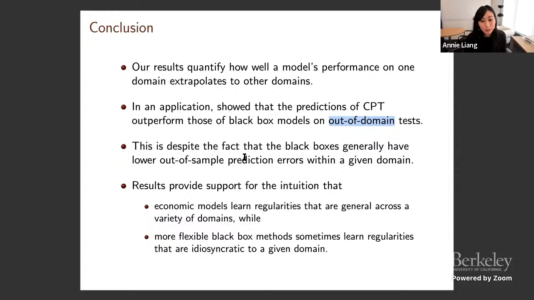So these results provide support for the intuition that economic models learn regularities that are general across a variety of domains, while these more flexible black box methods are sometimes learning regularities that are idiosyncratic to a given domain, in a sense thus overfitting to the domain.